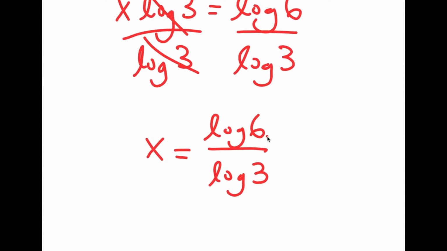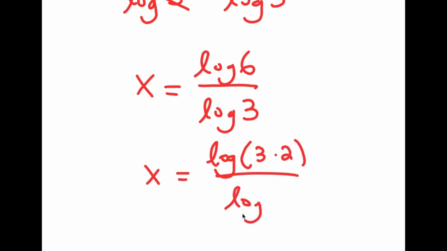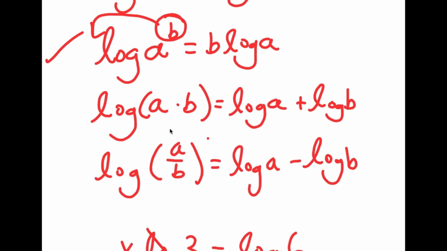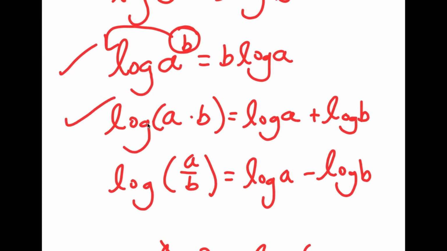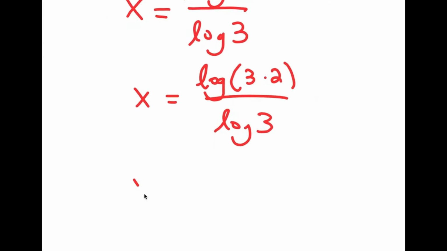Now, I'm going to rewrite 6 as 3 times 2. So I get log 3 times 2 over log 3. And remember, now we can use our second property, log a times b is equal to log a plus log b. So log 3 times 2, that's going to equal log of 3 plus log 2.